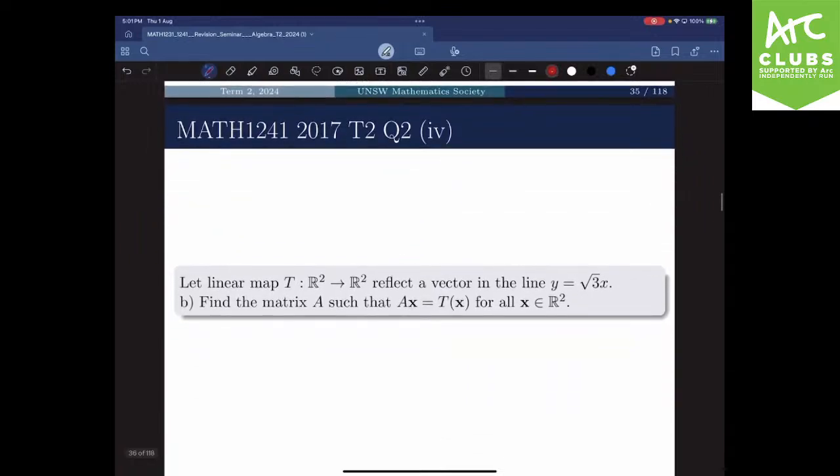What we want is, for our linear map T which we found earlier, to find a matrix A such that AX is equal to T of X for all X in R2.